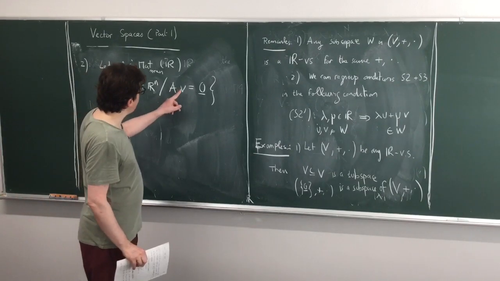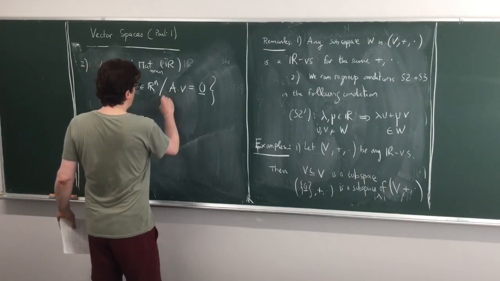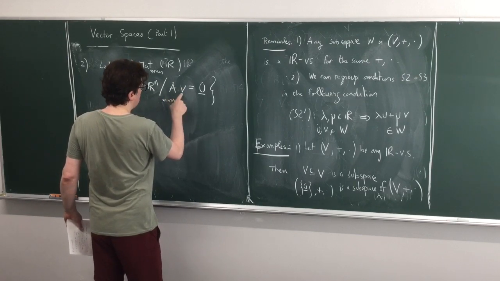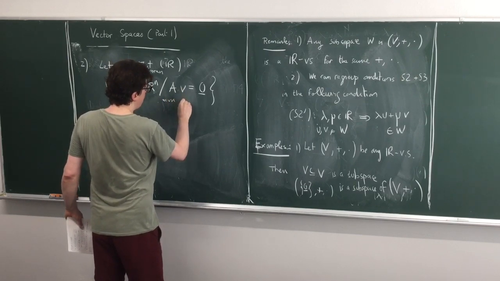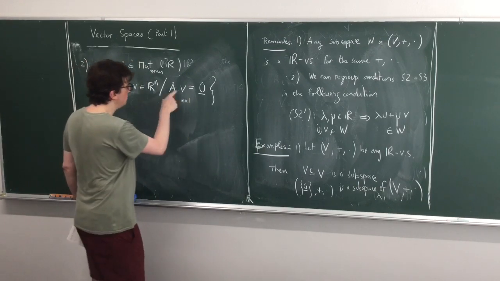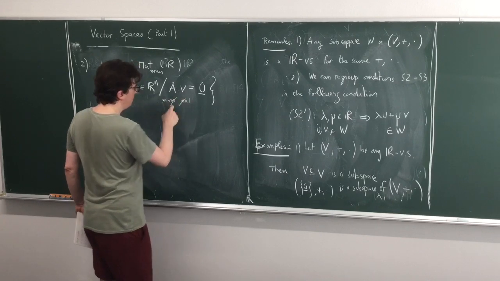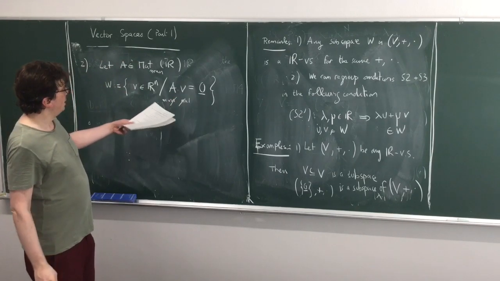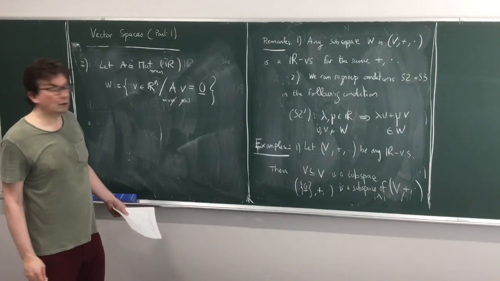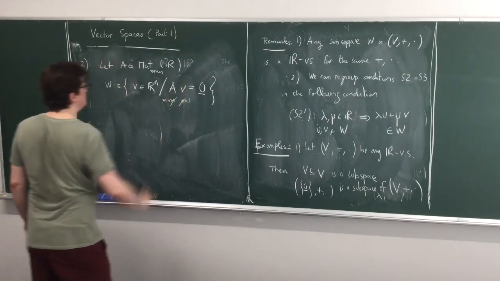Note that this is A times v, and here I have a matrix of size m by n, and this is a column vector, which means I have n rows and 1 column. So I can do the multiplication, it has a meaning, and the result is 0, the column vector with m rows. So this is the meaning of this thing.